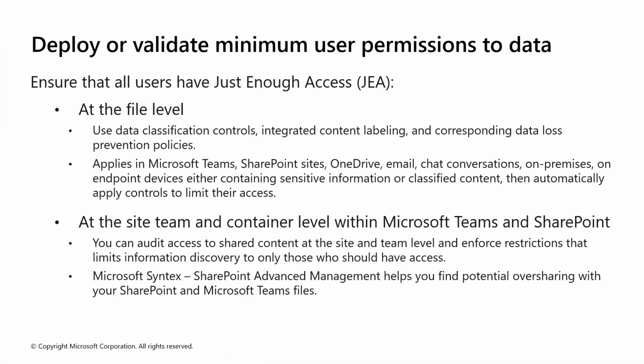And at the last point here, you want to go through and either deploy or validate that minimum per user permissions that you're dealing with. You'll see that we use the term RBAC, or role-based access control: how do I gain access to that information, either at the file level or at a higher structural level in a hierarchy that you have. Dealing with something like SharePoint, you get sites, and then within the sites you've got the libraries.